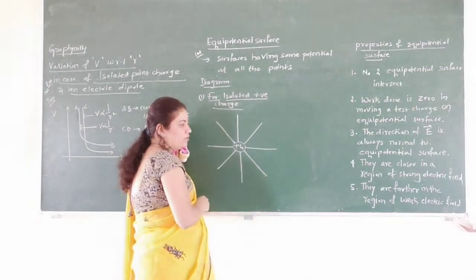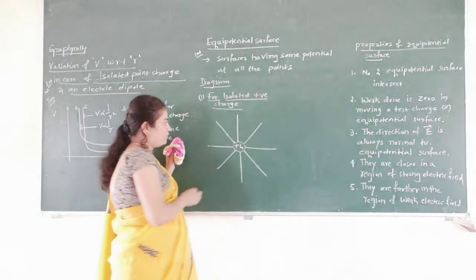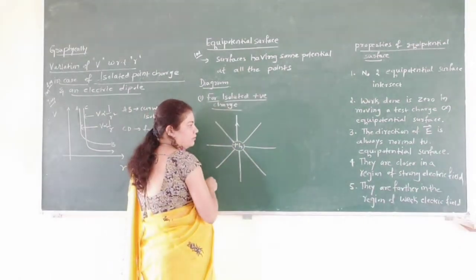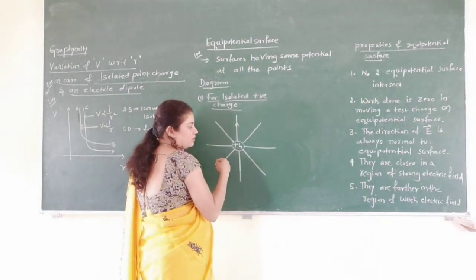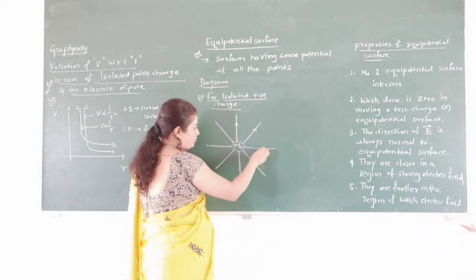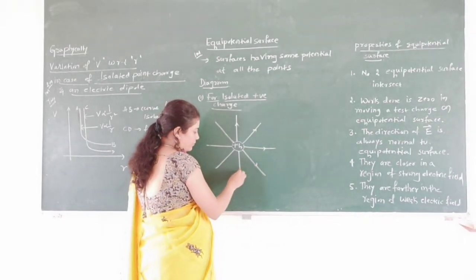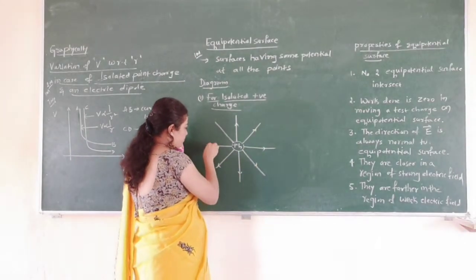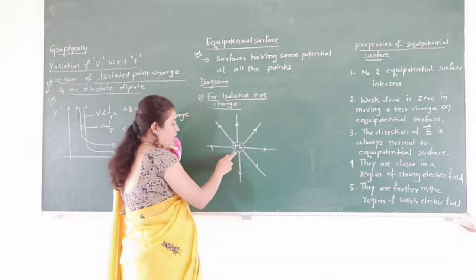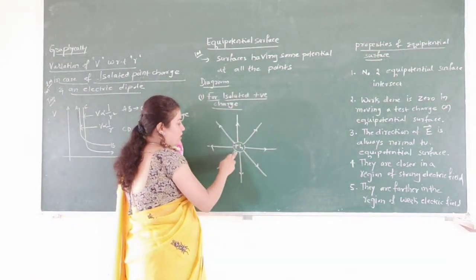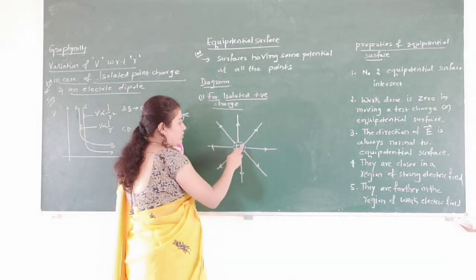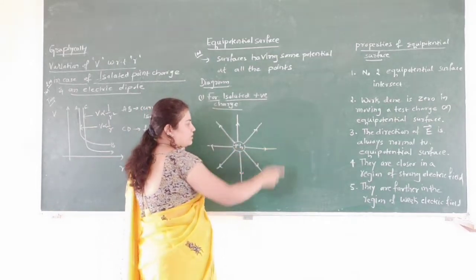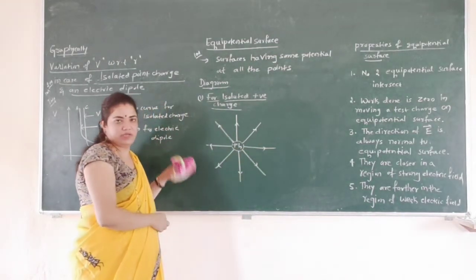If you draw only lines, it is wrong. We have to give an arrow mark. For a positive charge, the arrows are directed outward. Near the charge, the electric field is strong. As we move away from the charge, the electric field becomes weak.